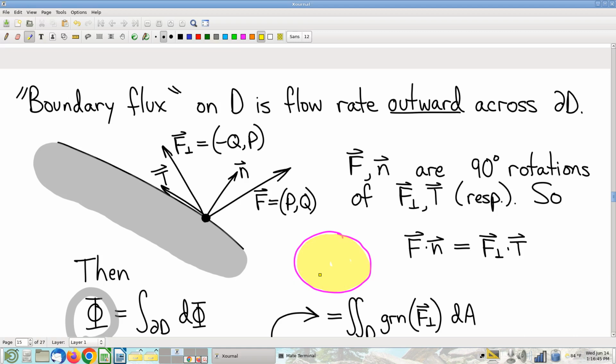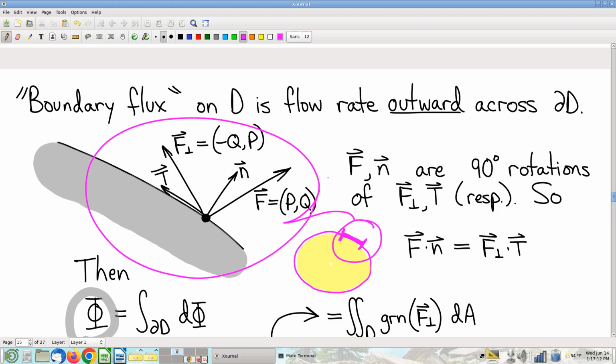And if I want to talk about the total flux through the entire boundary, what I would need to do is chop the boundary up into little pieces, such as this little piece right there, and try to understand how much flux there is through that little piece of boundary, and then add that up over the entire boundary. So for the moment, I'm going to start off by focusing on just one little piece of the boundary. There are some clever little observations to be made first, and then, as we previously said, we'll add up over the entire boundary. Okay, so here we go.